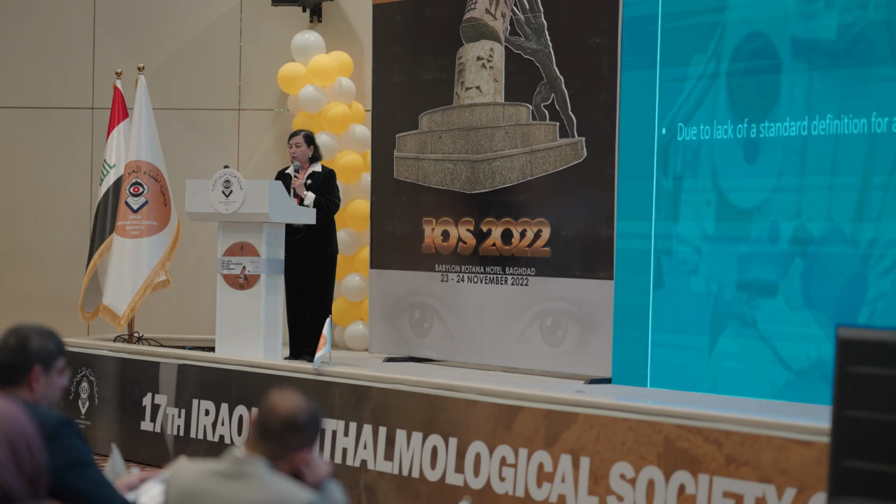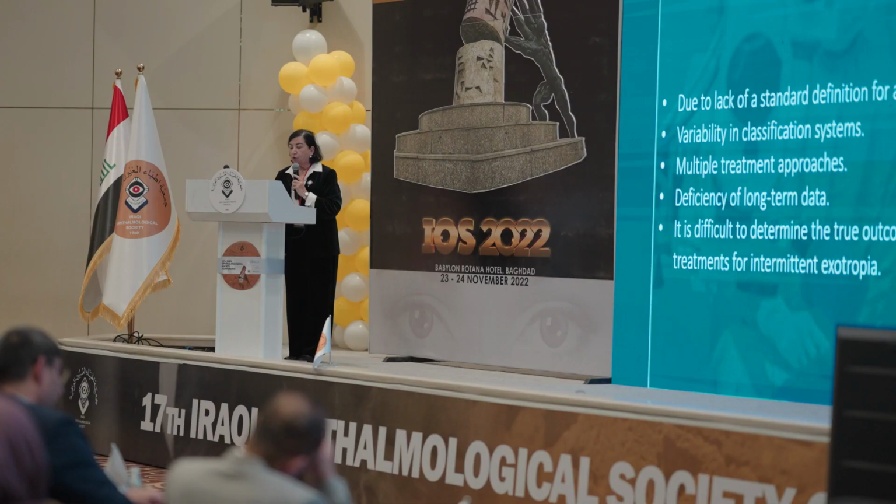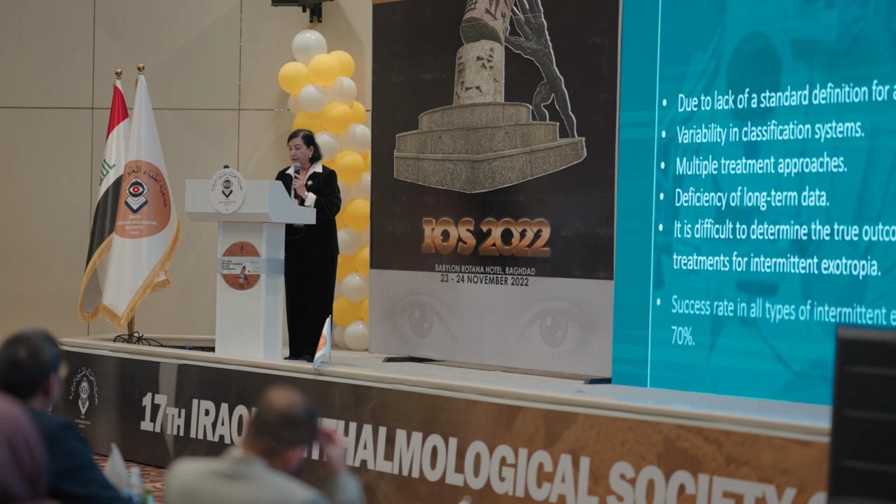What is the prognosis of our disease? Due to the lack of a standard definition for a successful outcome, of course the patient needs 100%, and variability in classification systems, multiple treatment approaches, and deficiency of long-term data, it is difficult to determine the true outcome of the currently available treatments for intermittent exotropia.